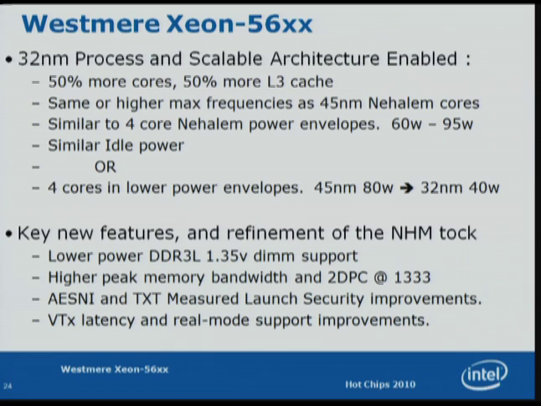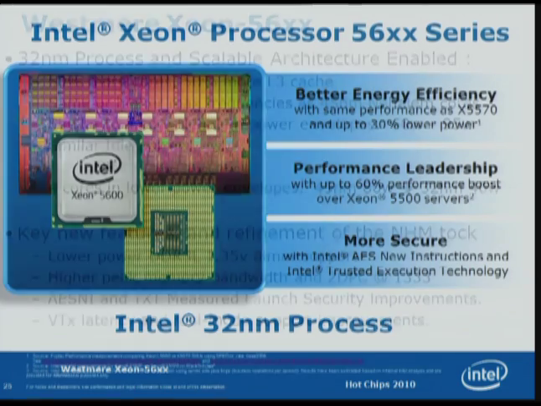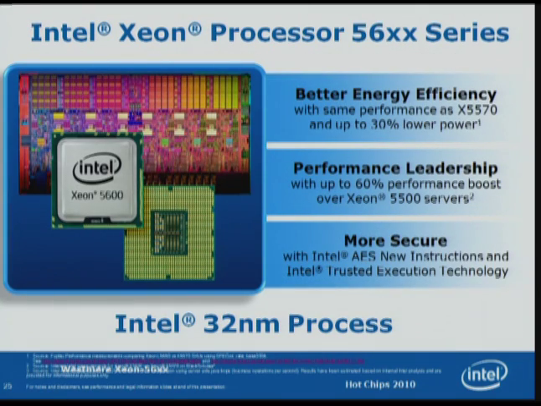In a lot of server parts in the past, the cache size got bumped up or something like that. These parts are moving to a significantly improved number of cores and cache capacity, and are able to even sit in the same power envelopes. So that's what I've got for today on EP.